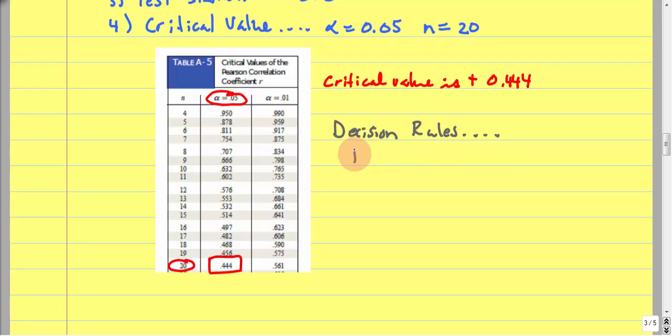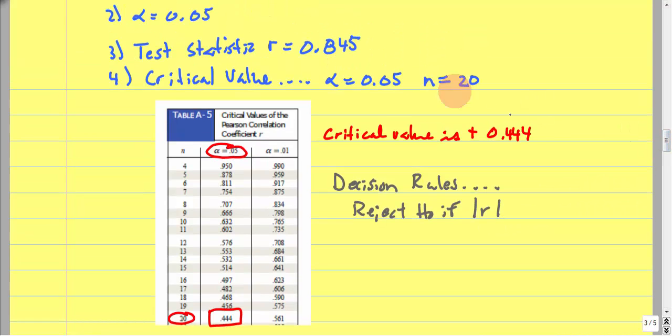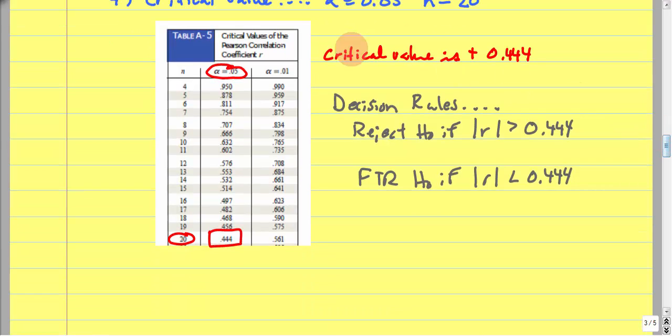So we will reject H0 if the absolute value of my test statistic R is greater than 0.444, and we will fail to reject H0 if the absolute value of R is less than 0.444. Now these are all the tests that we did back in the previous section, so these should look familiar to you.